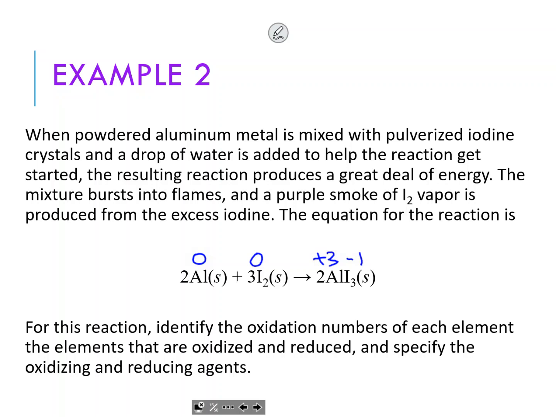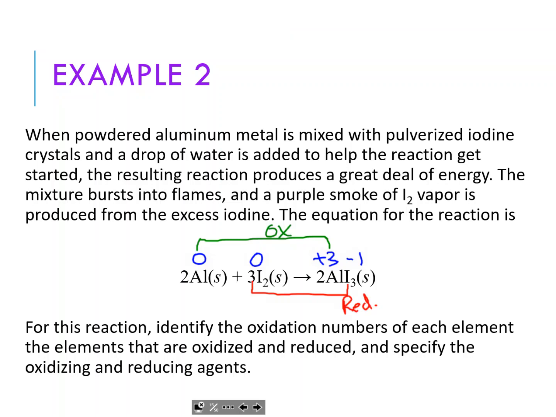They follow their normal monatomic charges on the periodic table. Yay. So, aluminum goes from 0 to plus 3. What does that tell you? Is it oxidized or is it reduced? Oxidized. This one's being oxidized. Good. And the iodine going from 0 to minus 1, this one's being reduced. Good.